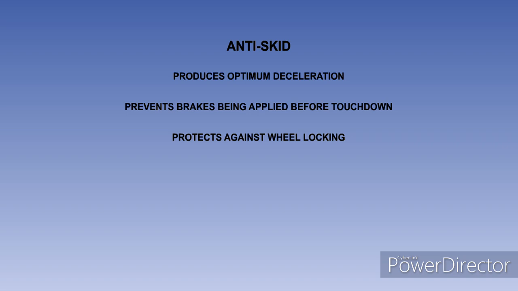That is the end of the lesson on anti-skid and auto brake systems. Remember that a modern anti-skid system, as well as producing optimum deceleration, also has the additional features of touchdown protection, preventing the brakes being applied before landing, and locked wheel protection, releasing the pressure to any wheel that locks because of hitting a very slippery patch on the runway.